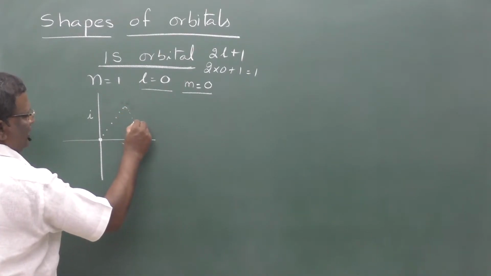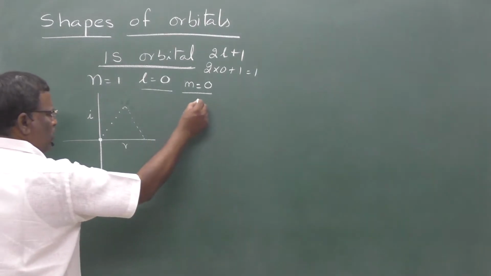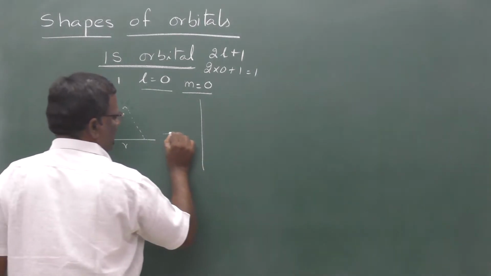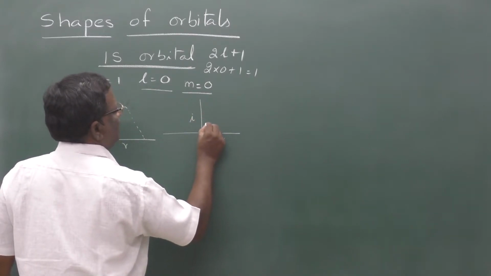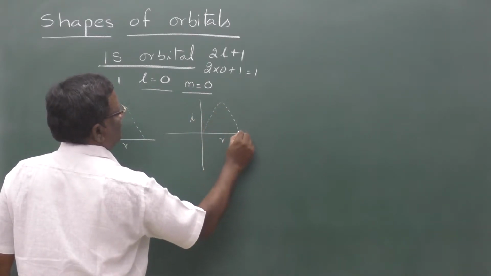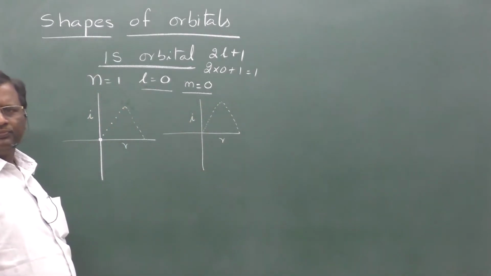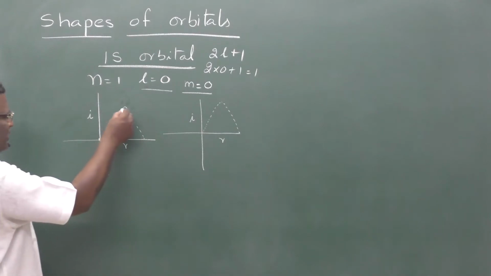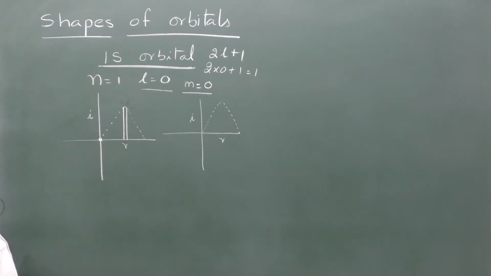And again it gradually decreases. Along the y-axis also I found the radial probability and radius in the same manner. In the z-axis also I get the same graph. So this is the area where the probability of the electron is maximum.